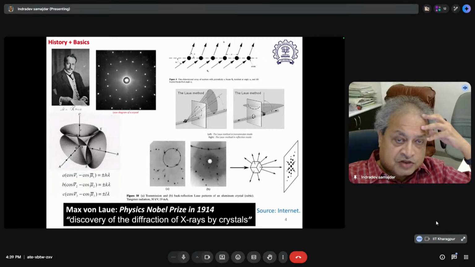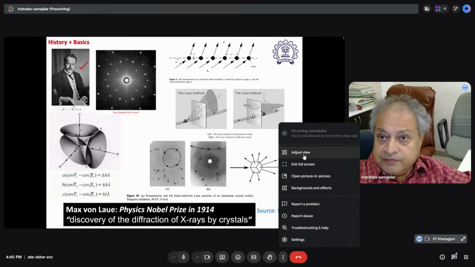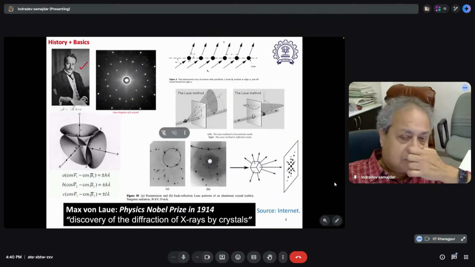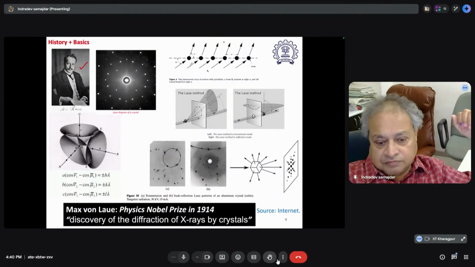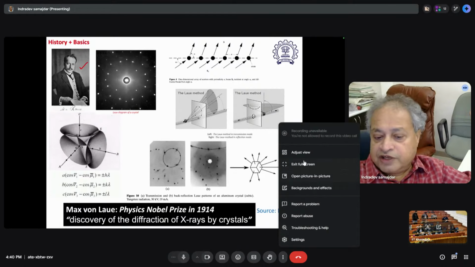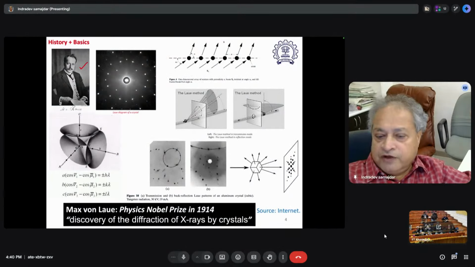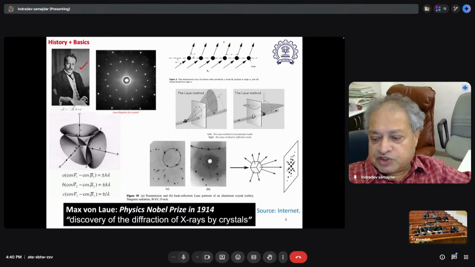Science starts from this gentleman, von Laue. He told that each atom is going to scatter the X-rays, what was later called the discovery of diffraction of X-rays by crystals. And when they are present as a plane, they will give spots. So a crystal structure, based on transmission or reflection, gives you a set of spots.